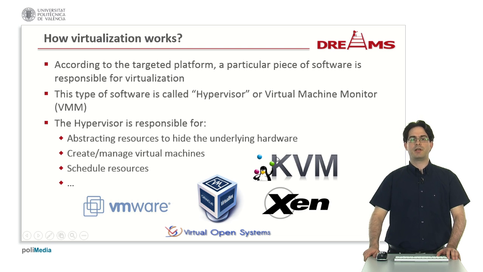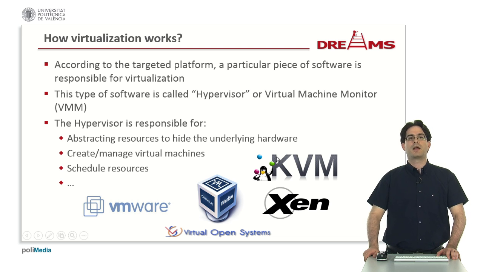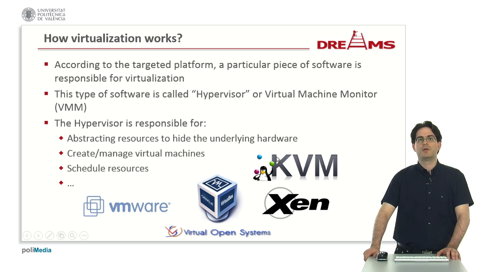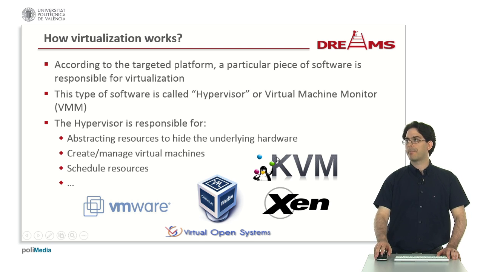This hypervisor is in its essence a small operating system, as it's trying to abstract resources and hide the underlying hardware from the guest operating systems, create and manage the virtual machines, schedule the resources, and many more actually. Examples of hypervisors are VMware, either Workstation or ESX, KVM, VirtualBox, and Xen.